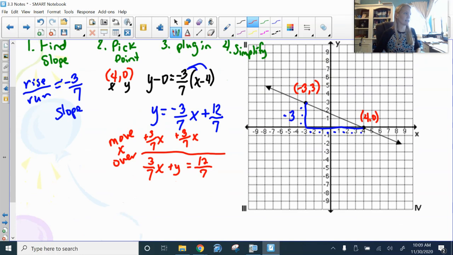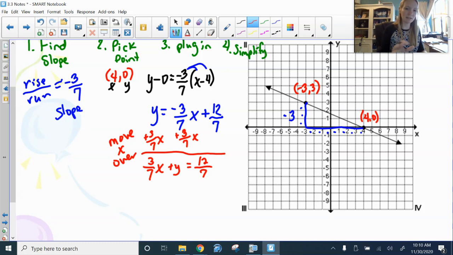So I have 3/7x plus y equals 12/7. Now, technically, our definition says that x and y are on the same side, and our c value is a constant, a number without a variable.